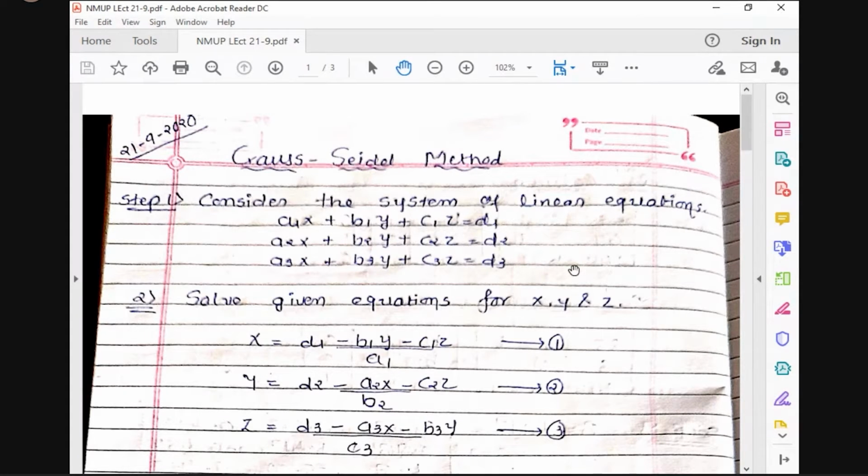Then, once a matrix is given to you, how to convert this square matrix to a triangular matrix, either upper or lower. After that, in this subject two kinds of methods are there. The first is the direct method, and the second is the indirect or iterative method. What is the basic difference between these two? Whenever we apply a direct method to a set of linear equations, we get the exact answers.